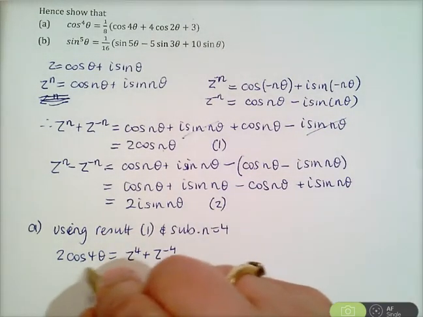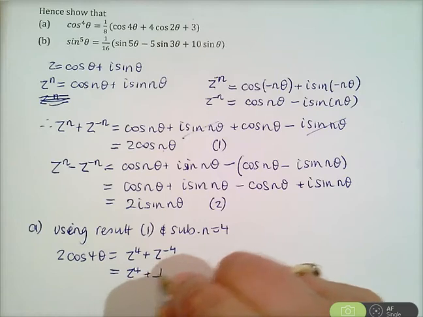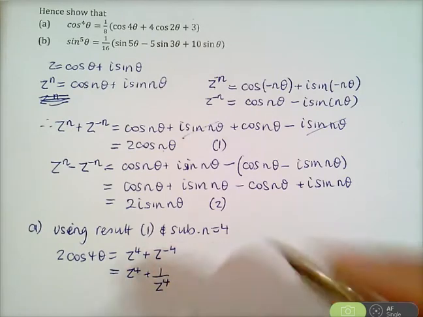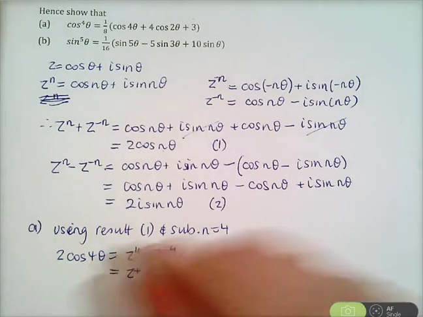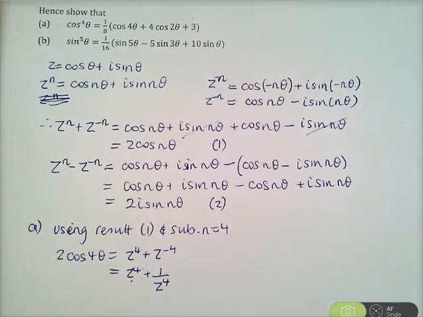And we know that this on the right hand side is z to the power of 4 plus 1 over z to the power of 4. So 2 cos 4 theta equals z to the power of 4 plus 1 over z to the power of 4.